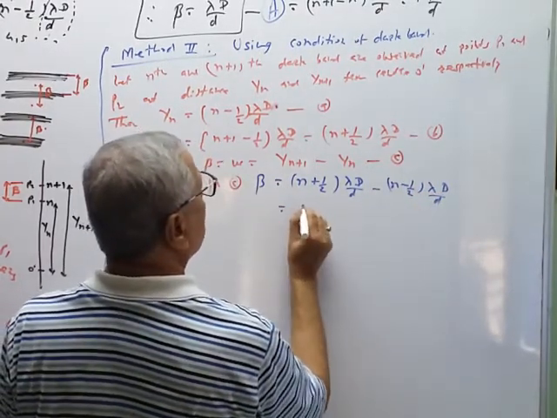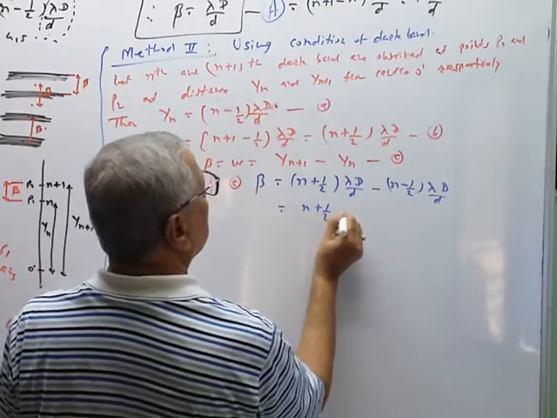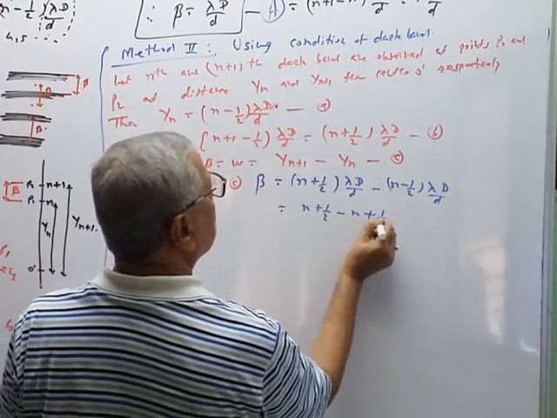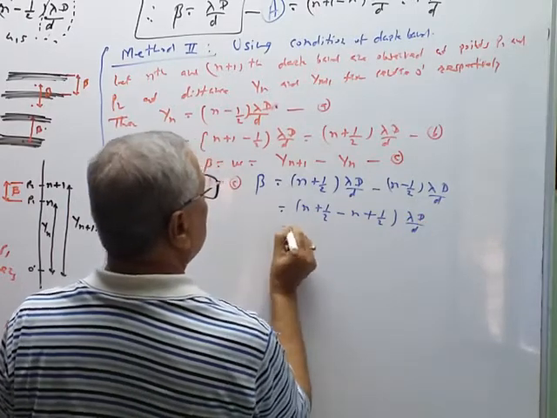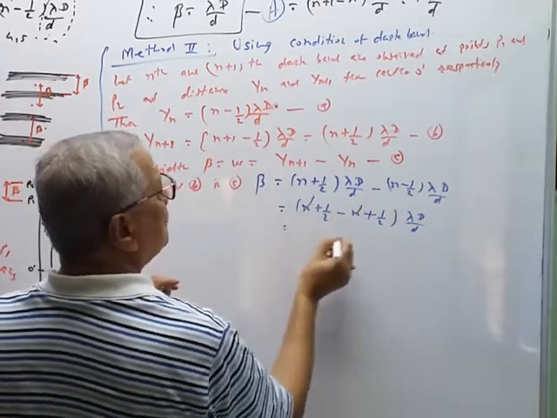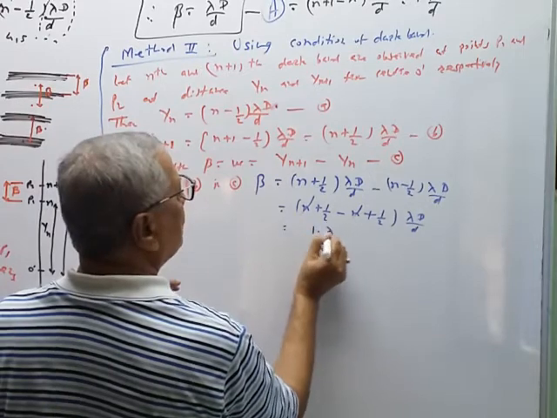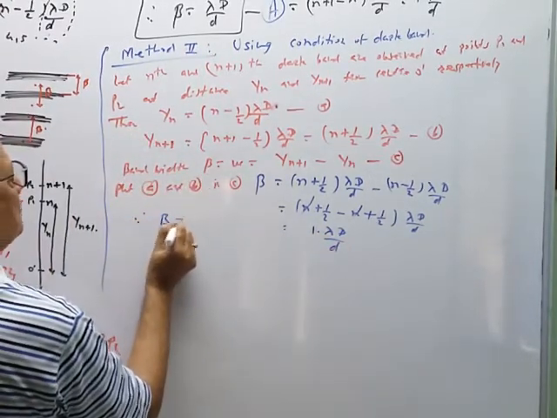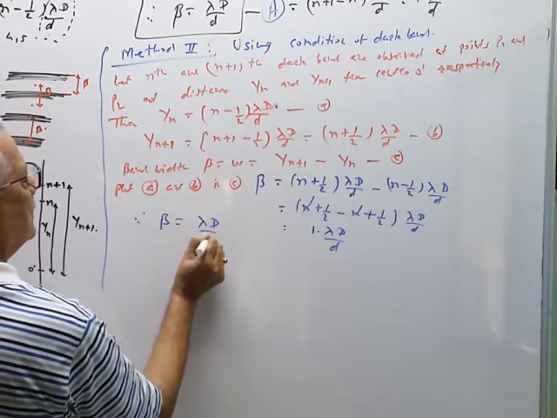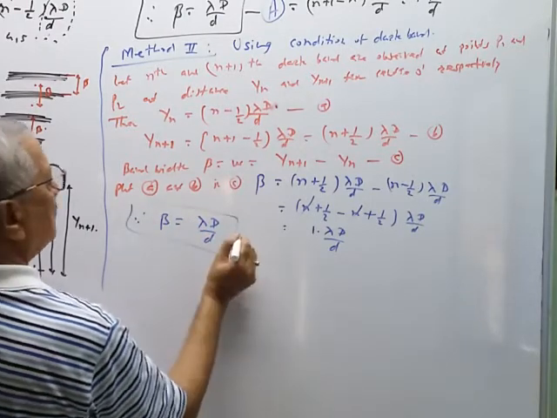So this is equal to n plus half minus n minus minus plus 1 half, and the common factor is lambda D upon d. So n will get cancelled, and therefore this is equal to 1 into lambda into capital D upon small d. Therefore the bandwidth beta is equal to lambda capital D upon small d. This is equation capital B.